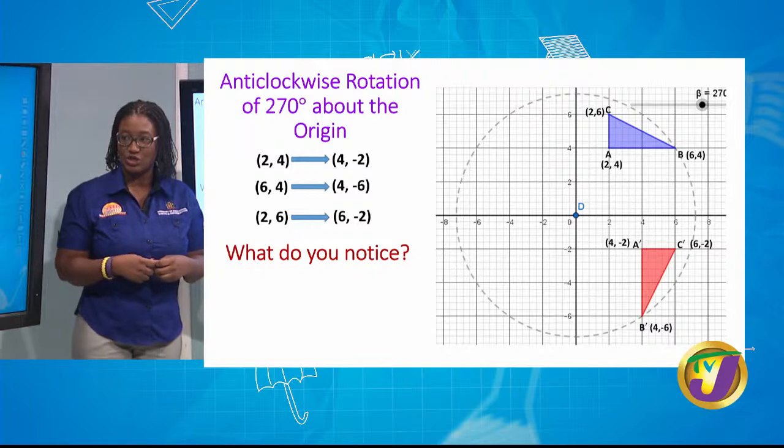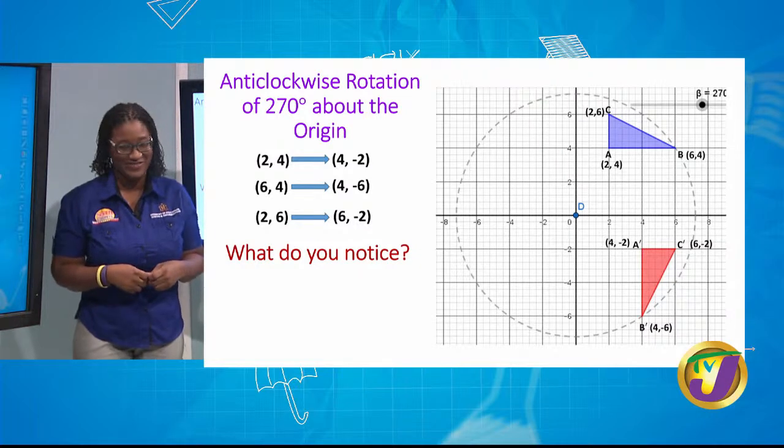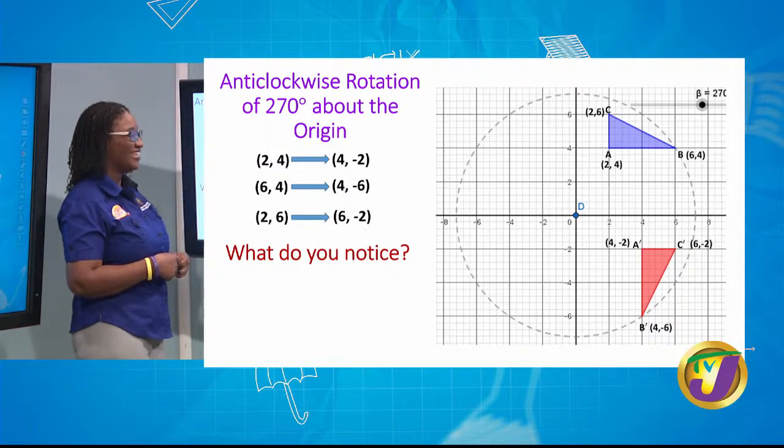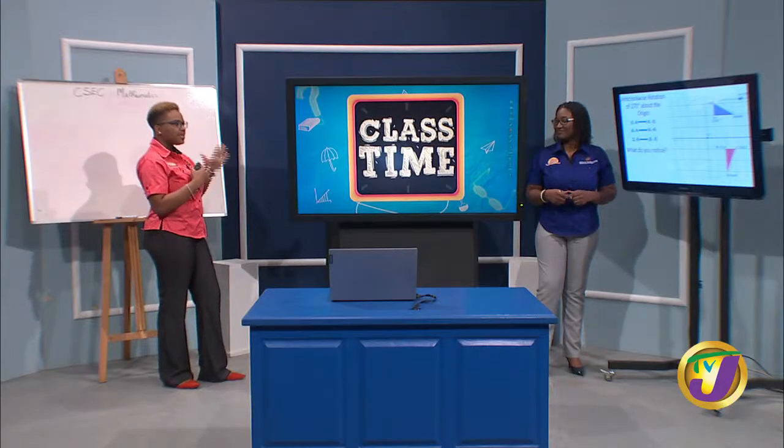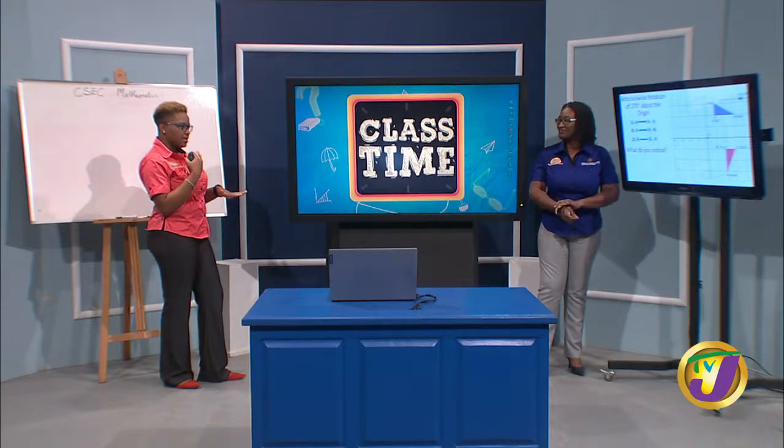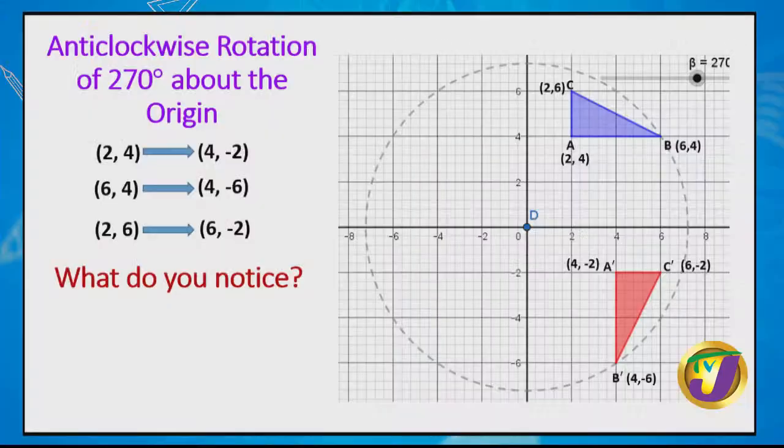What do we need to notice? Let's make the observations. I'm seeing that the x and y values from the pre-image have interchanged for the image.